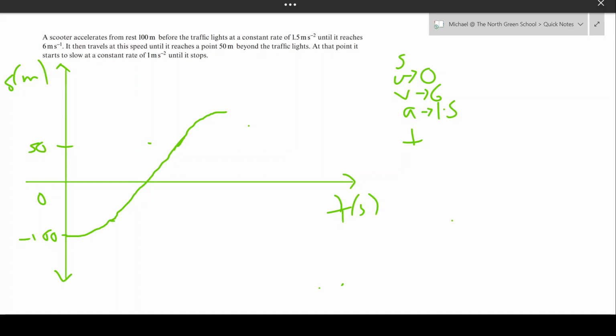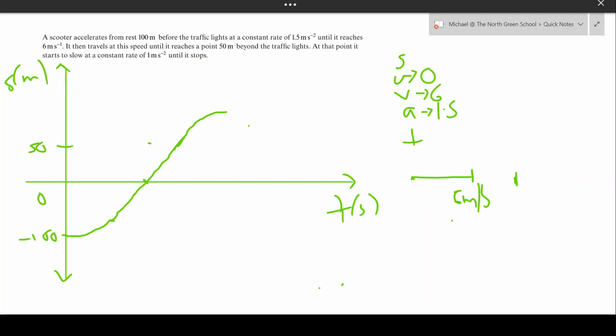You might make the mistake of saying that while it's accelerating it reaches 100 meters, but we don't know. It's possible that the traffic lights are here and the object starts there, speeds up and reaches the constant speed of 6 meters per second before it actually reaches the traffic lights, because reaching the traffic lights will be 0 displacement.